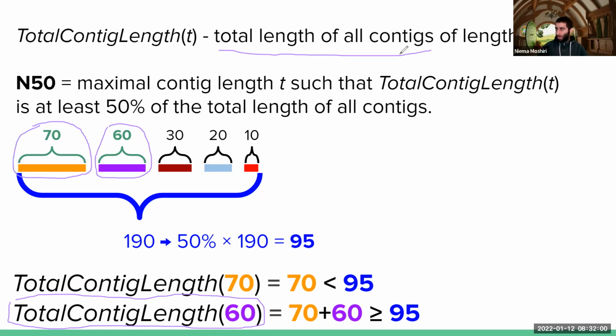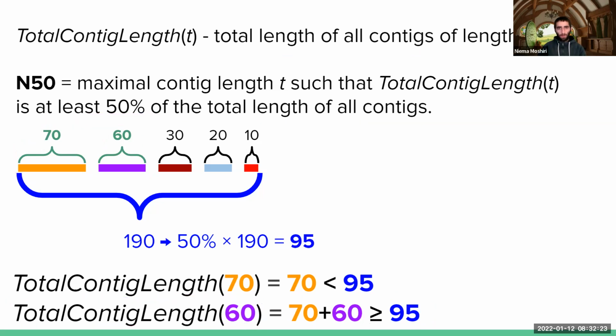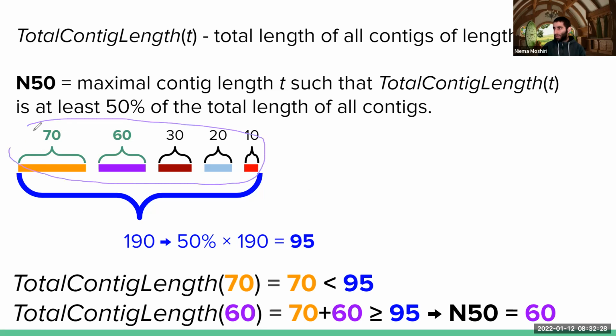So the total length of all the contigs that have a length of at least 60 is 70 plus 60, which is 130. 130 is greater than or equal to 95. So 130 is at least 50% of my total length. Therefore, I say that the N50 of this genome assembly here is 60.